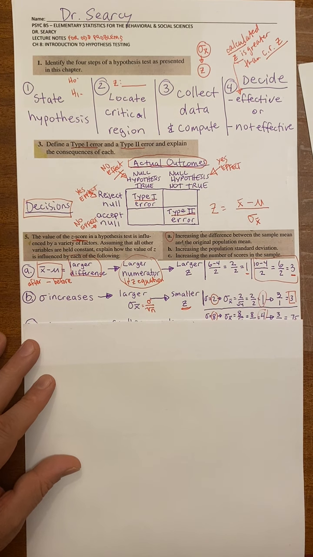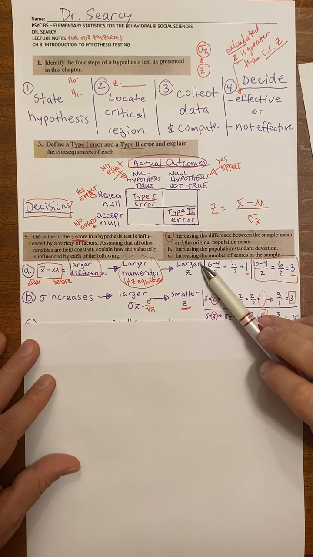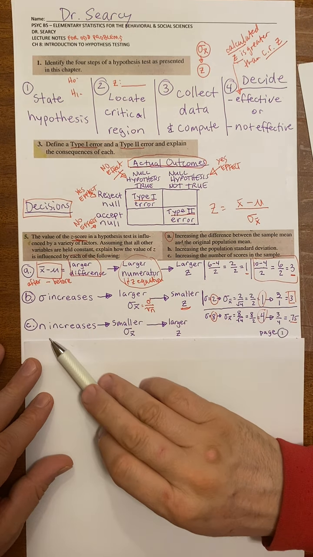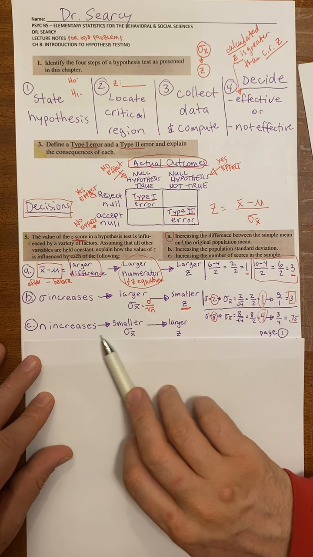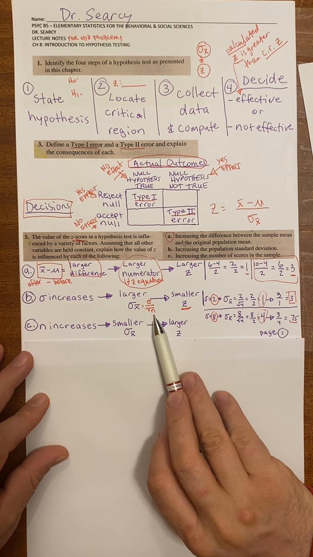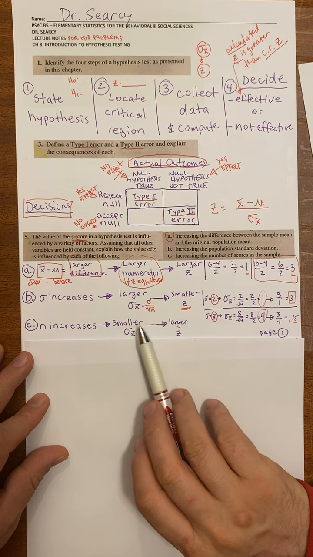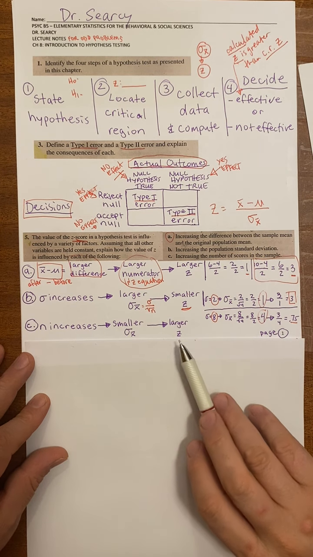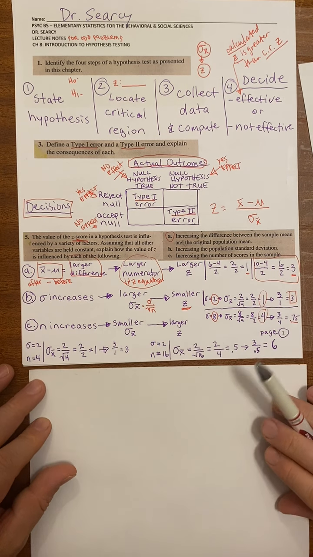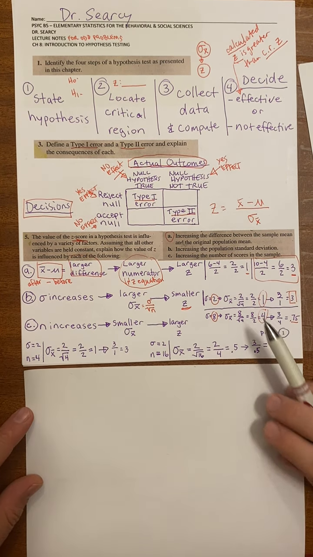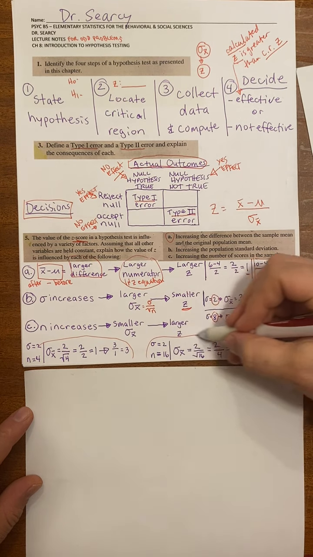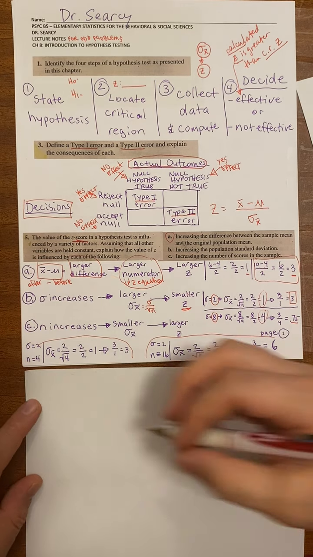How are numbers affected here? Here we're saying increasing the number of scores in the sample. Well, if you increase n, that's going to cause you to have a smaller standard error, and if you have a smaller standard error, that's going to lead you to have a larger z. Here we've got a couple of examples of this. What's the difference between the two?